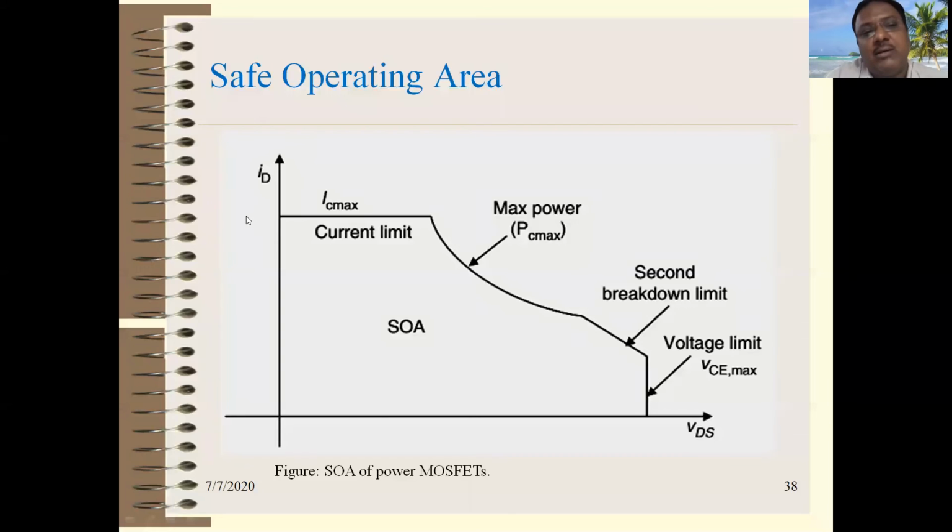We should not increase the current ID beyond the limit given by the manufacturer, right? No device works for infinite current or infinite voltage. Every device has its own voltage and current handling capacities as well as power handling capacities.